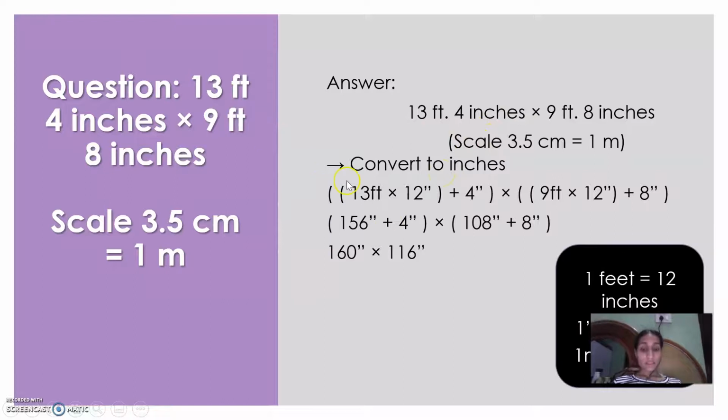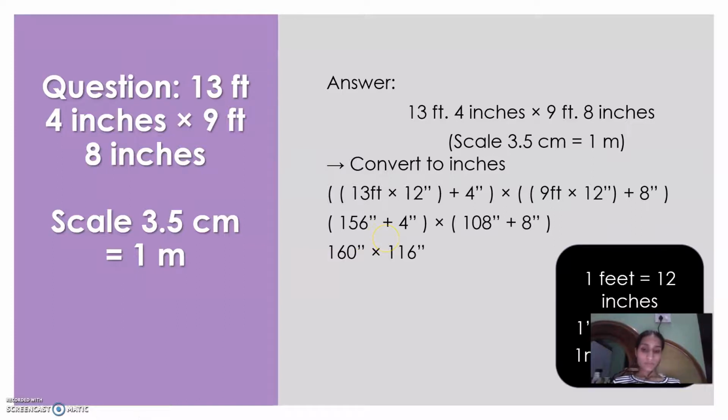So it will be 13 feet into 12 inches plus 4 inches, into 9 feet into 12 inches plus 8 inches. By solving this, we get 156 inches plus 4 inches, into 108 inches plus 8 inches. That is 160 inches into 116 inches.